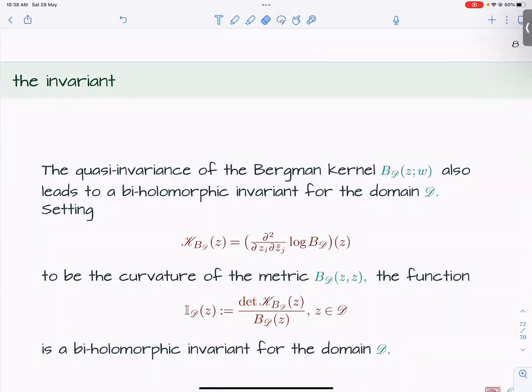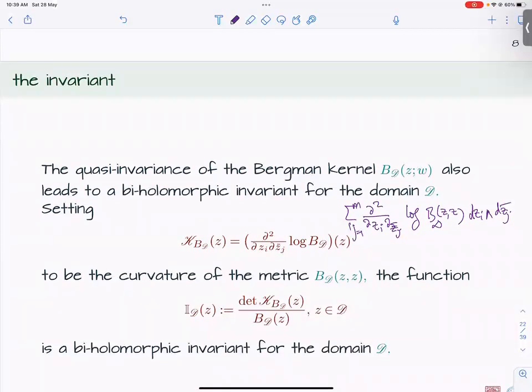Just for the record, the way the curvature is written is not quite like this. What is written is d square dz_i dz_j bar of log of this K_D(z, z), with i, j equal to 1 to m. But here, for those of you who don't want to worry about this, it's no problem.